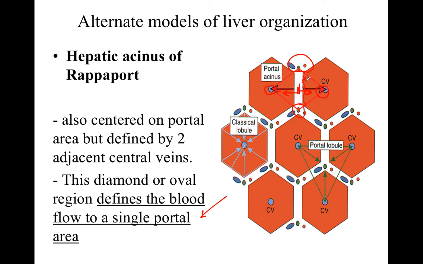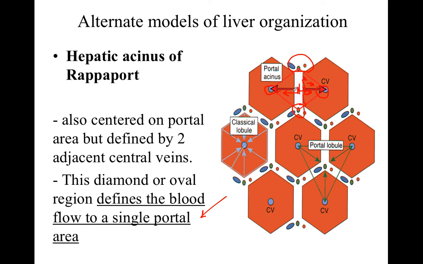So this may have the most damage due to the toxin. As we go farther toward the central vein, the toxin effect will be reduced. So this one describes the blood flow and which area will be more affected by the toxin.